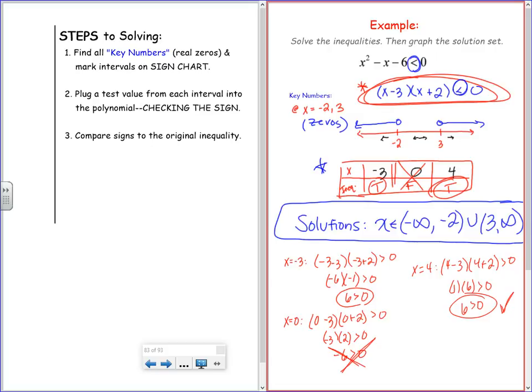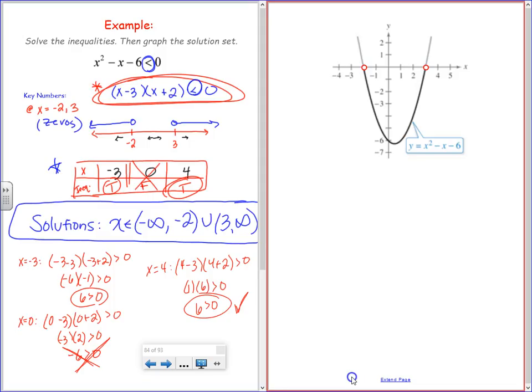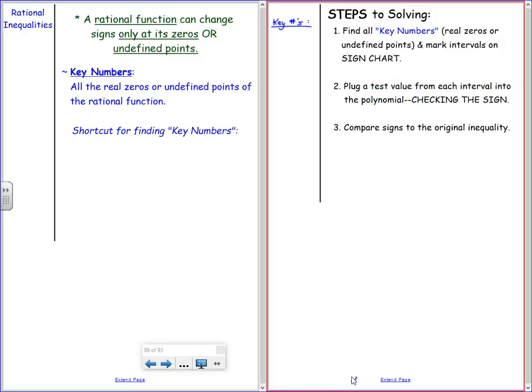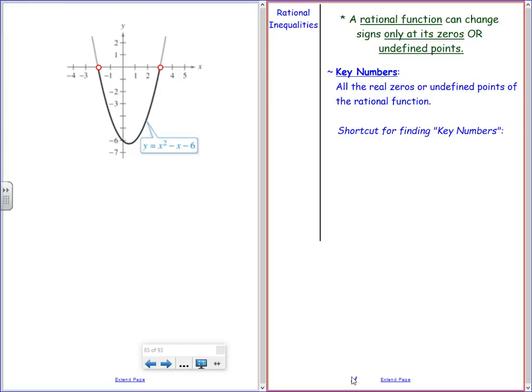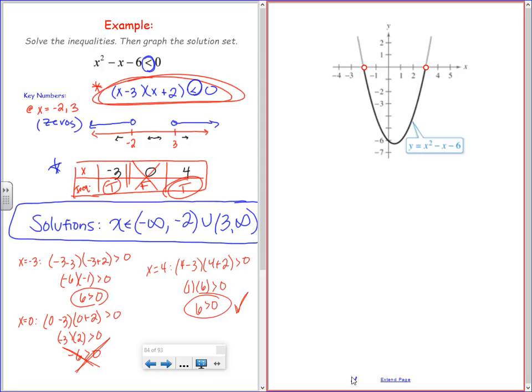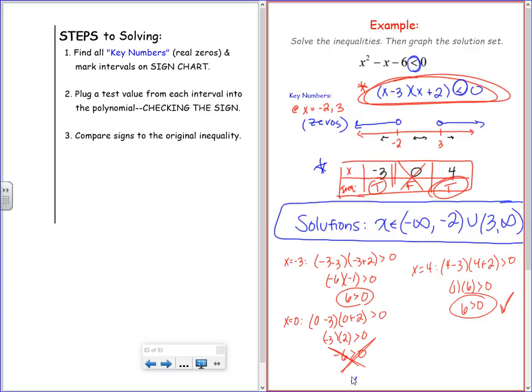All right, so let's go back to our steps. Find all the key numbers, the real zeros. Now, hold on. I need to add a little note. Make sure I didn't write it somewhere else first. Should I add to these steps somewhere? Oh, I do add to the steps. Let me still put it here, since this is the first time you guys see it. Find all the key numbers.